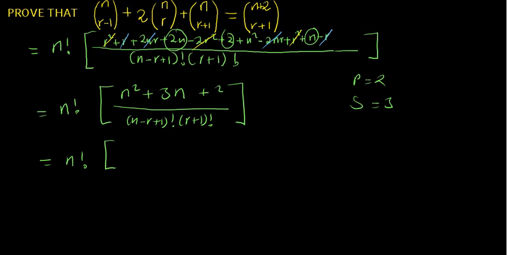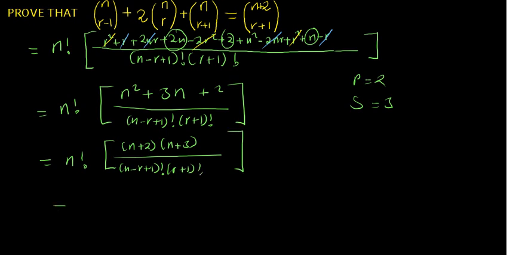So we can factorize that on top as n plus 2, n plus 3, and then divided by n minus r plus 1 factorial, and then r plus 1 factorial.